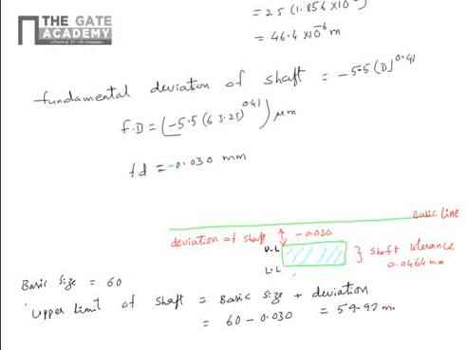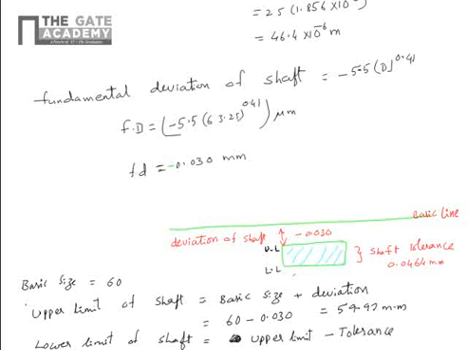So lower limit of shaft. If you know the concept, you can solve any problem. Otherwise, if you remember only the formula, the problems will vary every time. Upper limit of shaft minus tolerance is the lower limit.